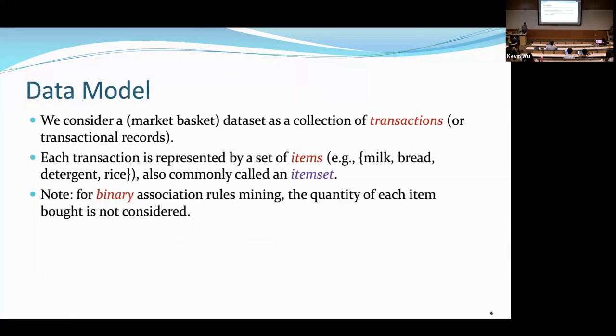We'll consider a market basket data set as a collection of transactions, or what we call transactional records. Now, one more time, please don't confuse this word transactions with transactions in transaction processing, right? Previously we mentioned that in a typical transaction processing system, a transaction is like a process that you execute, which would access a certain small amount of data in your data set.